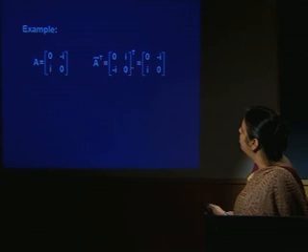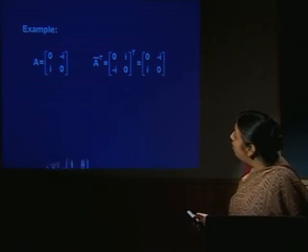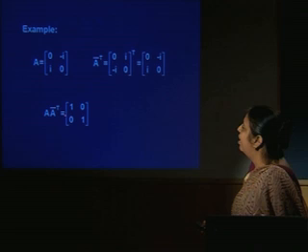So, the conjugate of this is 0 minus i, minus i 0 0, and then I take the transpose. So, this row becomes this column and this row becomes this column. So, this is A bar transpose.